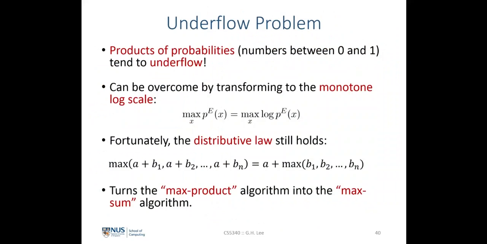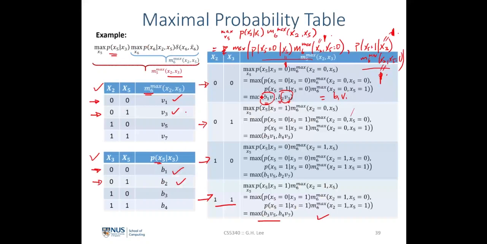Now one problem that we can observe in the max product algorithm that we have seen earlier would be an underflow problem, because we can see here that we are forever multiplying two probabilities together. So after I have gotten the probabilities over here, in the next step of the maximization, I will take the product of the two probabilities, and this will continue.